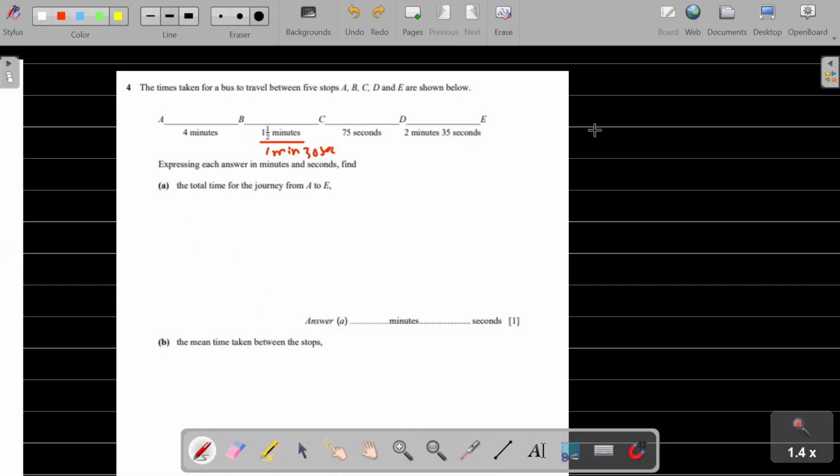By adding them up, I'm simply going to write here my minutes and seconds. So from A to B, it is 4 minutes and 0 seconds. Then it is 1 minute and 30 seconds. Let's write it. 1 minute, 30 seconds. Then it is 75 seconds, and minutes are 0.